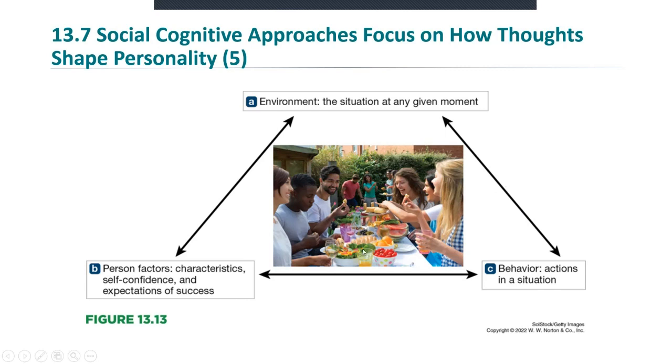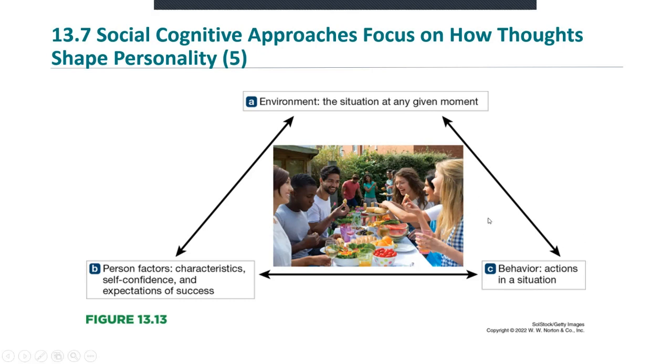If everyone's laughing as they are in this picture, then you might feel happy too. But understand also that your behavior is going to affect the environment. Let's say all of a sudden I bring up a really important personal topic. I mean, a lot of this laughter is going to disappear. I'm going to affect the environment around me by my behavior.